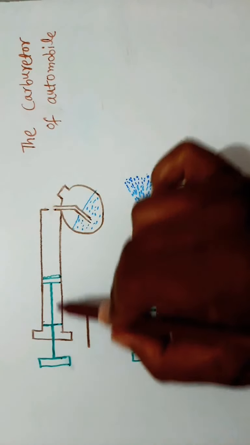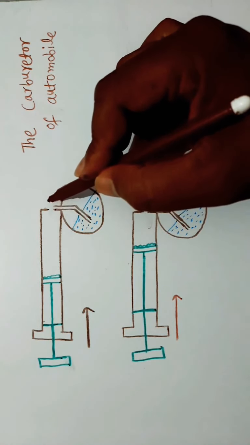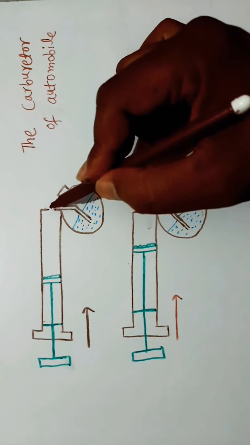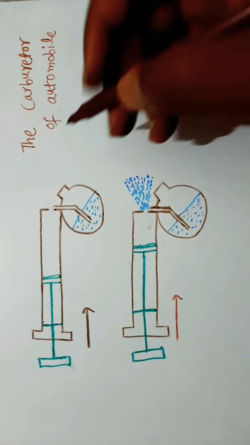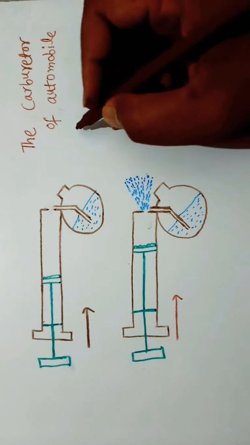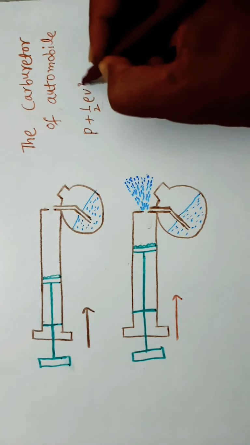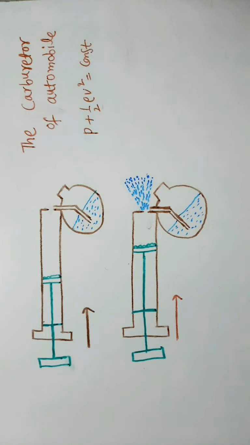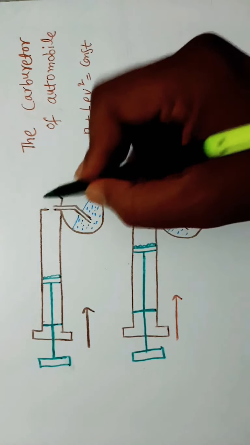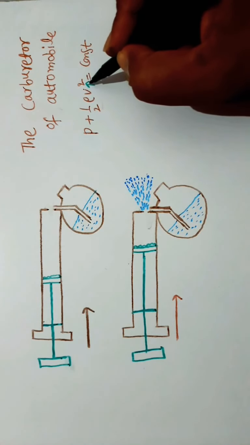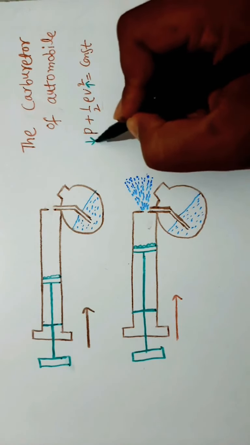When we push it, air flows at a large speed at the nozzle. By Bernoulli's principle, P plus half rho V squared is equal to constant. Here the speed of the air increases, so to compensate this equation, pressure must decrease.